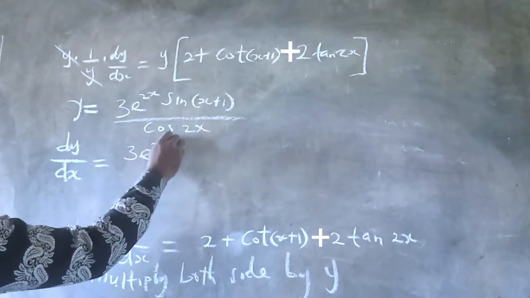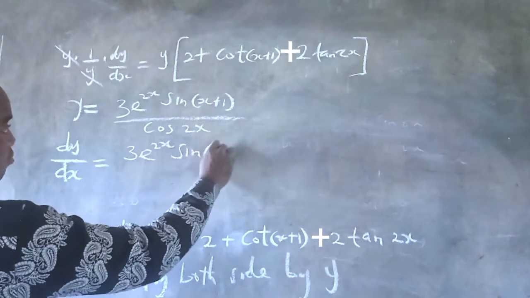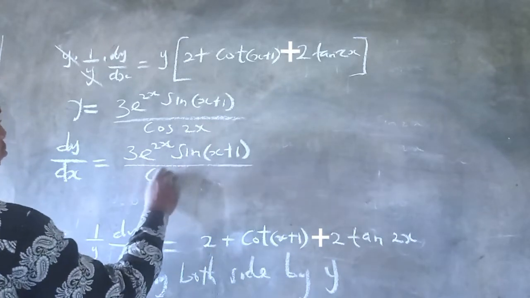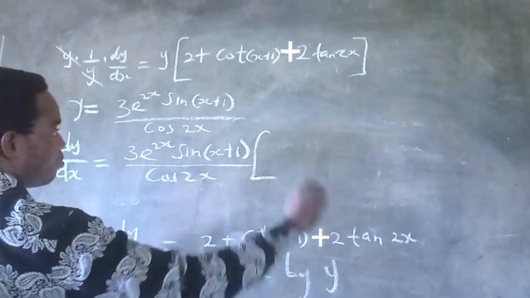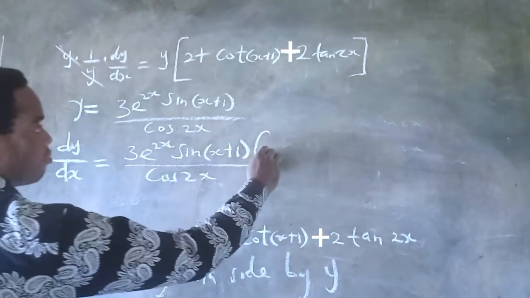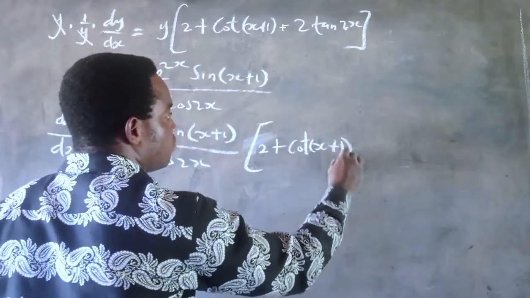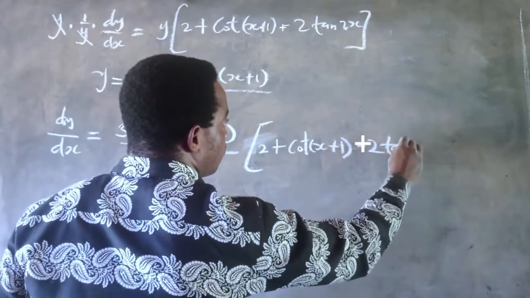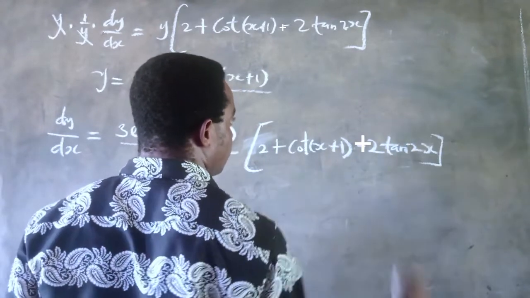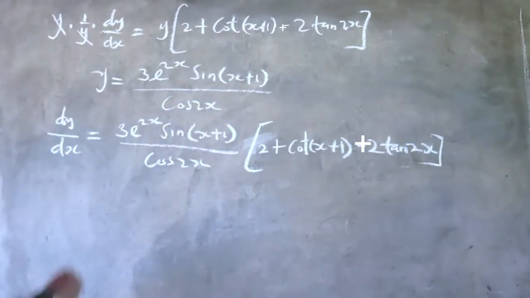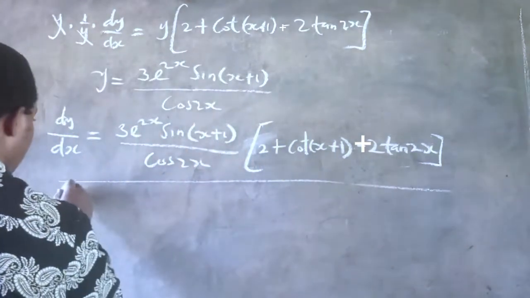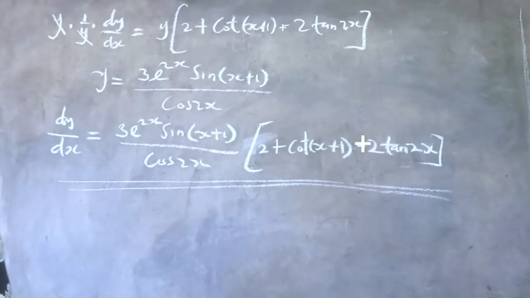So we have 3e raised to the power 2x multiplied by sine x plus 1 all over cosine of 2x and all multiplied by 2 plus cot x plus 1 and minus 2 tan 2x. And there you have it. That is the expression for dy/dx.